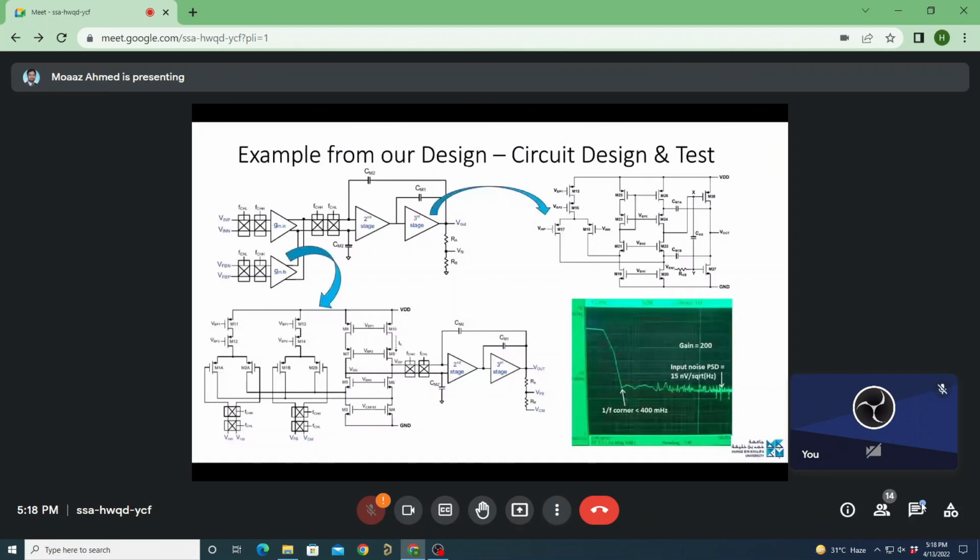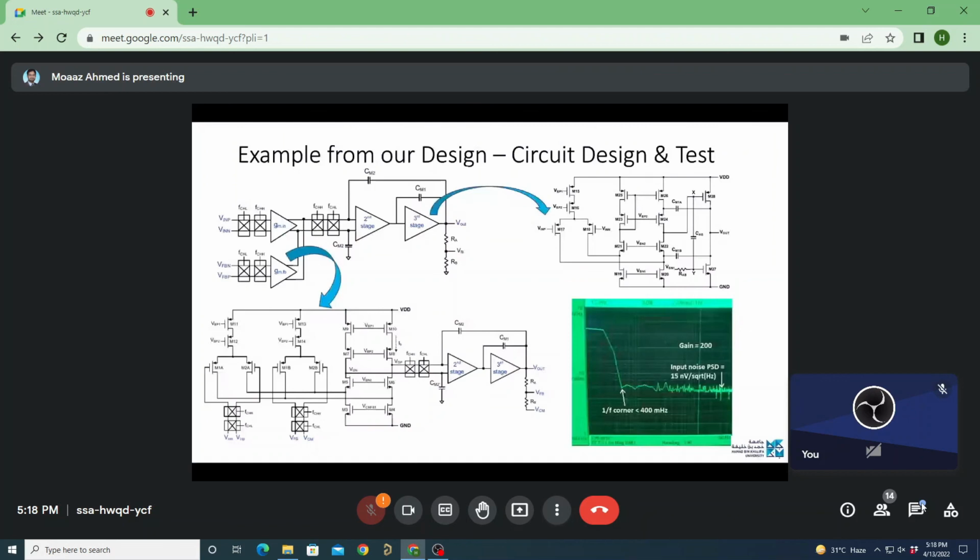How the second and the third stage are designed is shown in the top right corner. This is again a two-stage amplifier. They are compensated with the cascode Miller compensation, CM1 and CM1B. The lower right corner shows the measured noise performance.